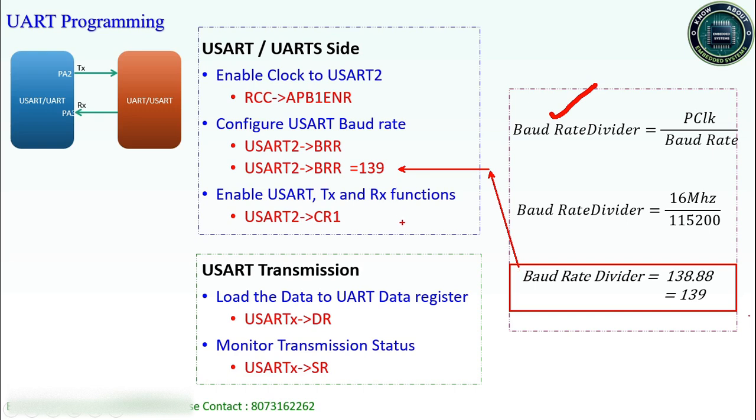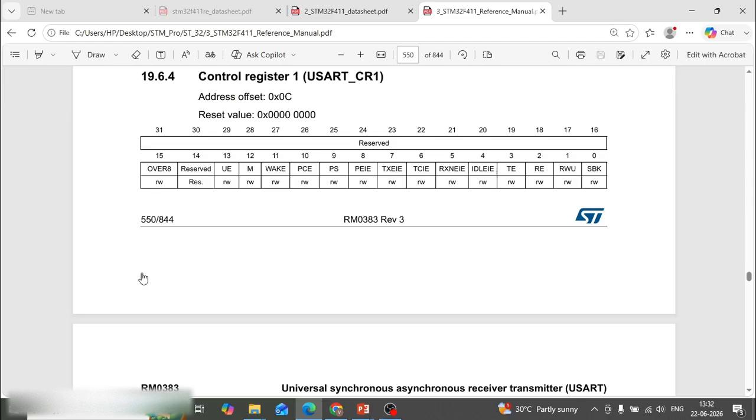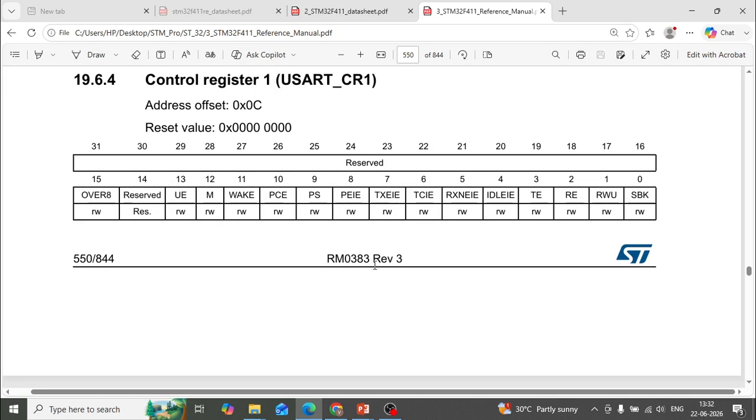And the third thing is we have to enable three important things. You can see here, point number 3. We want to enable USART, enable the TX function and enable the RX function in the register USART2 CR1. Under this CR1, bit number 13 we have to enable.